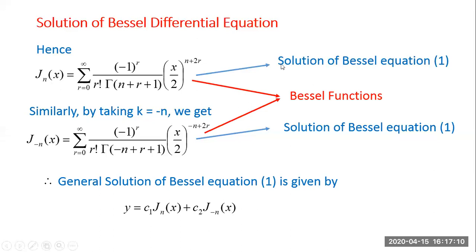So Jn of x is solution of Bessel's equation means Jn of x satisfies the Bessel's equation. Similarly, J minus n of x. So these two are two independent solutions of Bessel's equation, and a general solution of Bessel's equation is given by c1 Jn of x plus c2 J minus n of x.